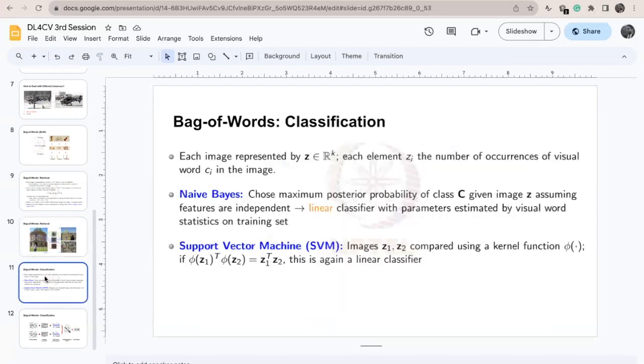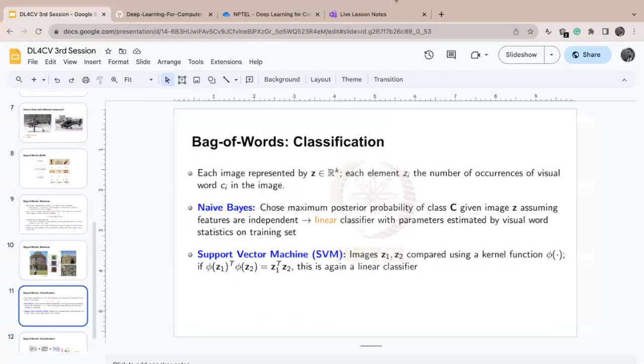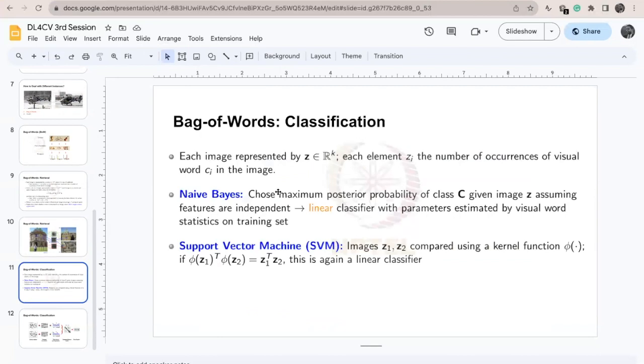Okay, then you can use the bag of words model for classification as well. Let's say each image is now represented by g, and gi is the number of occurrences of visual word ci in the image.